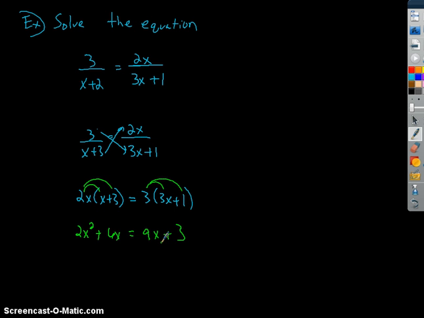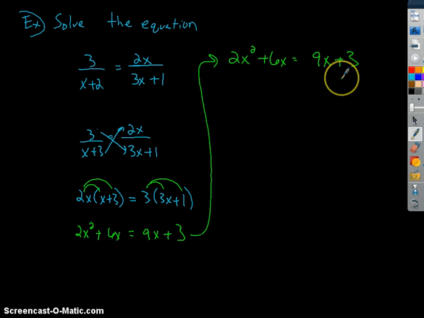So if I had this equation, 2x squared plus 6x equals 9x plus 3, I want to get this right side to be 0. So I would just go ahead right now and subtract 9x, and I'll subtract 3 from both sides. And just kill two birds with one stone, take them both away. And now on the right side is just 0.